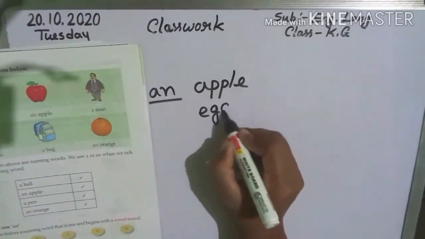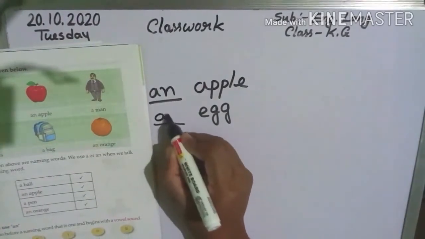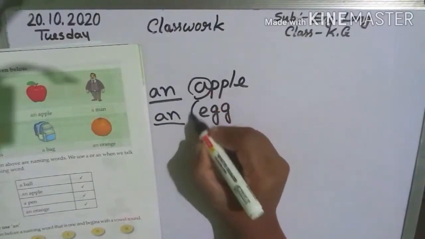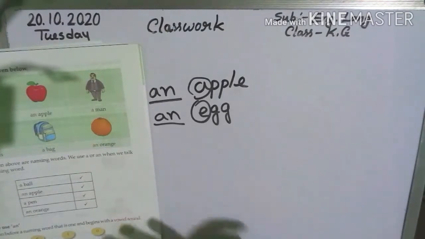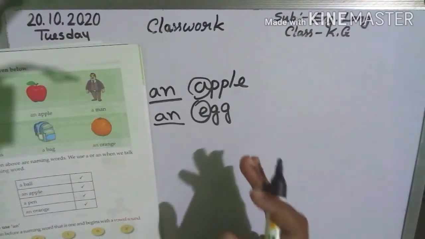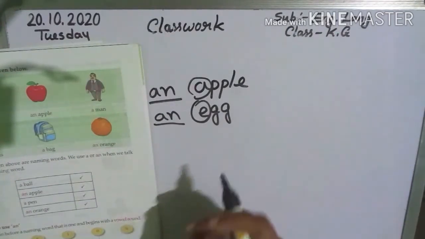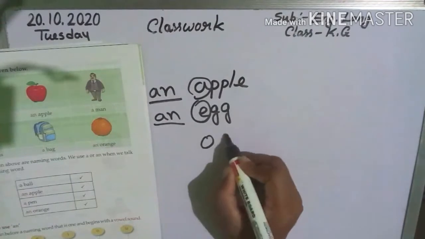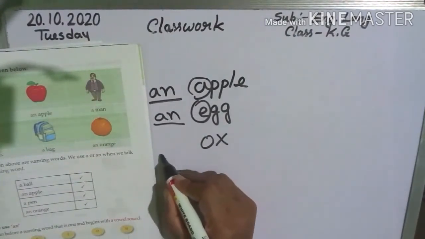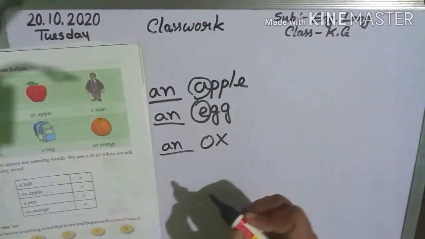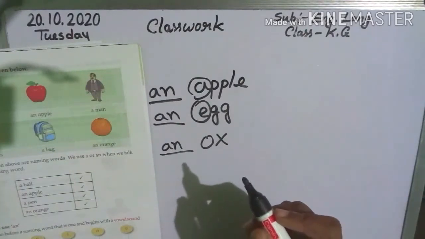Egg. So the sound is E, egg. So you write an. Vowel sound. We use an before a naming word that is one and begins with a vowel sound. O-X, ox. So the sound is O, ox. So write an. Listen to the first sound. Begin with a vowel sound. Okay.